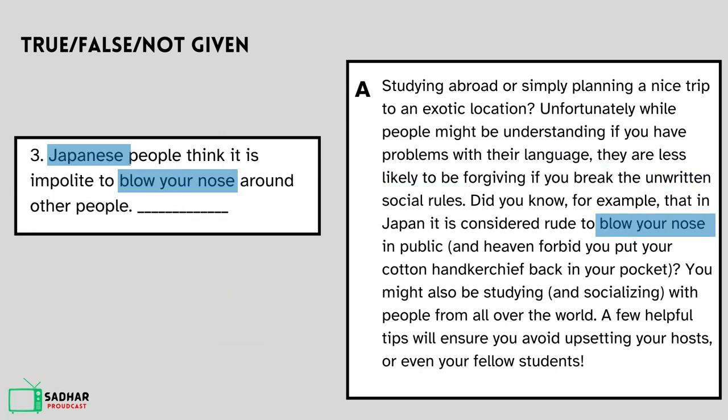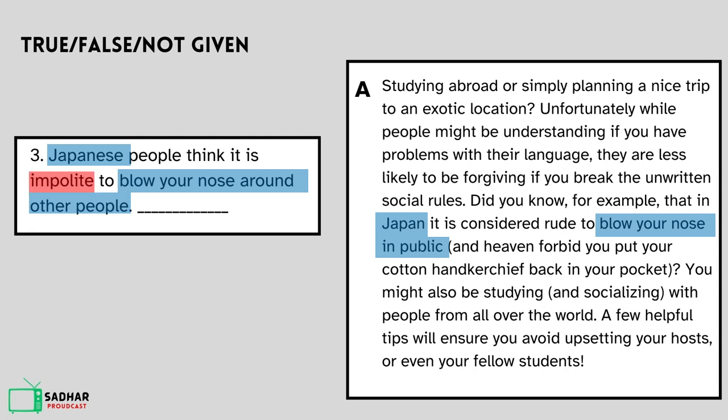Question number 3. Japanese people think it is impolite to blow your nose around other people. So we have Japanese, blow your nose, and then simply we can find the phrase blow your nose in the passage. Around other people, so we have the word Japan, we have the word in public. So this is the sentence.